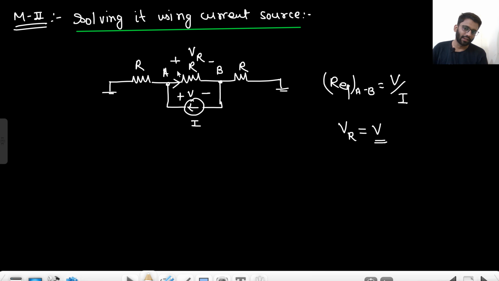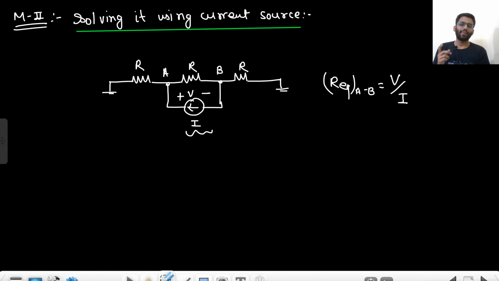Now if I know the current in this resistance, that is I dash into R equals V. Now this I dash will be a function of this I, and then we will have V. Then we can find V by I from here. So our main target is to find the current in this resistance, right?